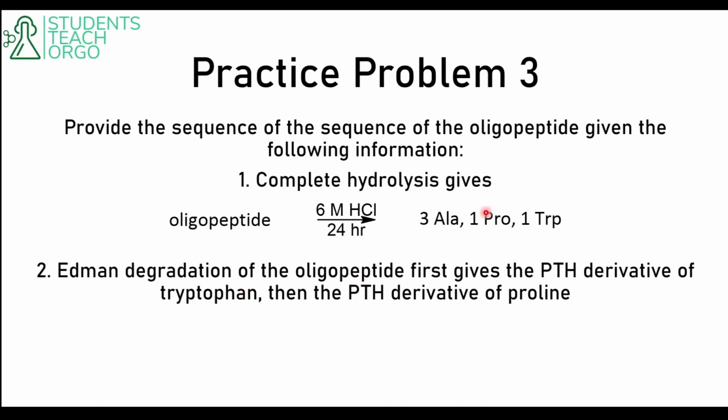But we know from complete hydrolysis that after we get rid of tryptophan and proline, there are 3 alanines left, right? So those must come at the end, and it doesn't matter the order because they're all the same. So the sequence of the oligopeptide is tryptophan, proline, alanine, alanine, alanine. So this is our oligopeptide.